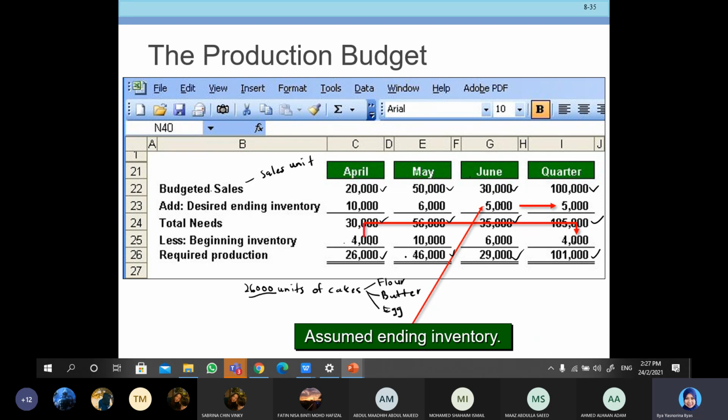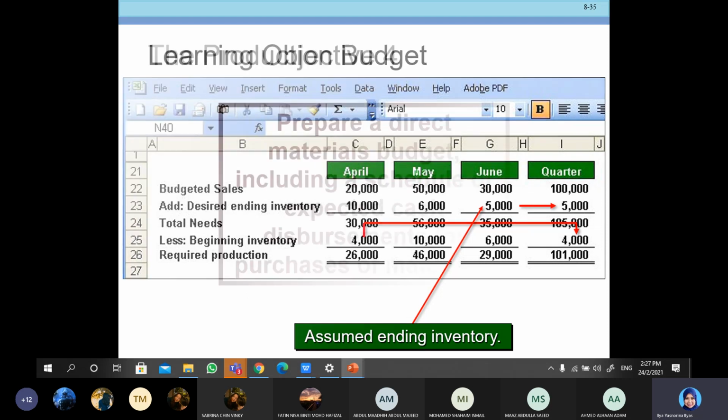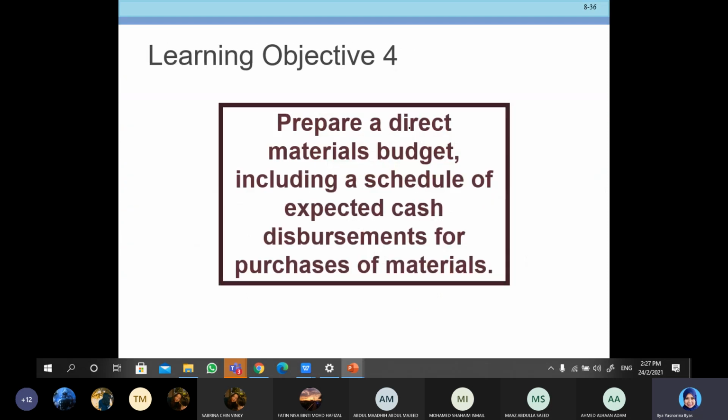So we need to identify how much flour we need to buy by preparing our direct material budget. Okay, then after the direct material budget has been identified, we need to buy the direct material. So that's why we have a schedule of expected cash disbursement for purchase of material.